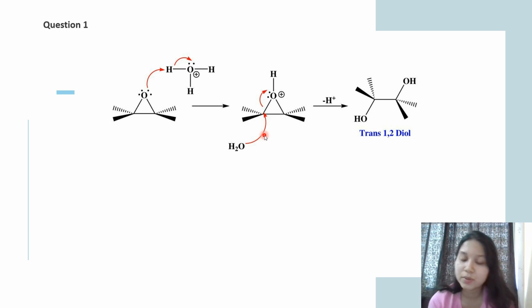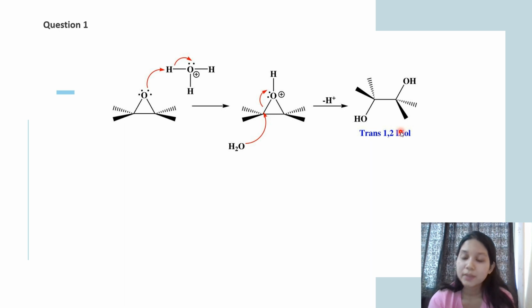Then what you have to do? You have to remove a proton from the oxonium now formed. In the second step, you get another oxonium by the attack of the lone pair of oxygen in water to open up the ring, when you get a positive charge on the oxygen atom of the water molecule. So if you knock out one proton from the oxonium, you will finally get a trans 1,2 diol here.